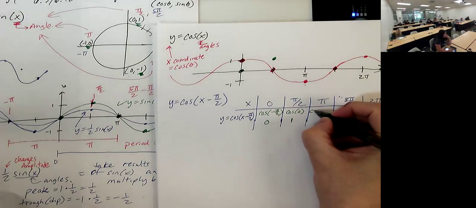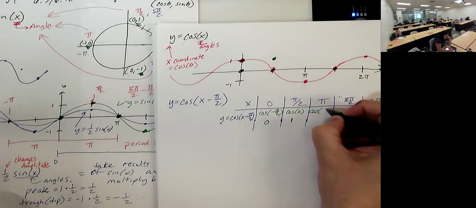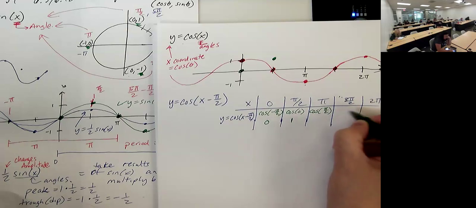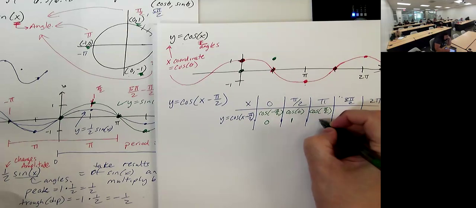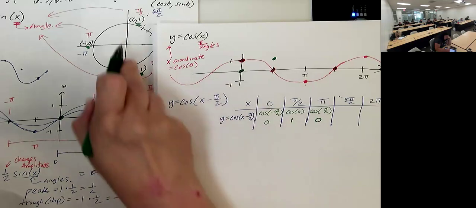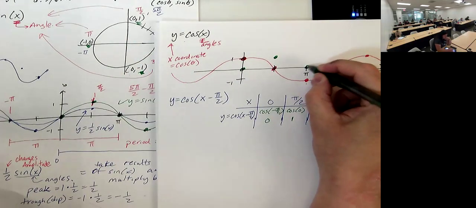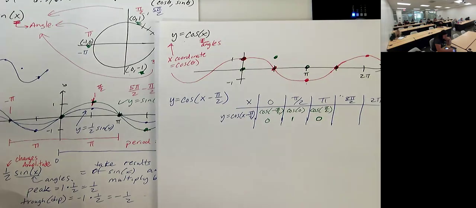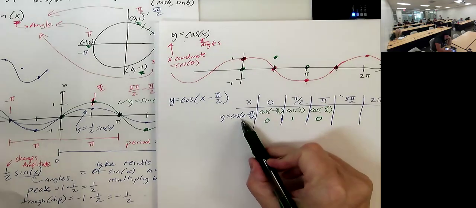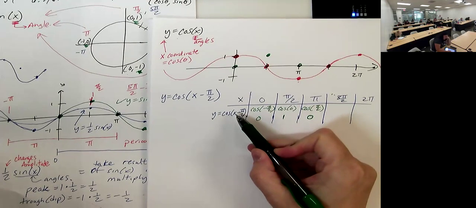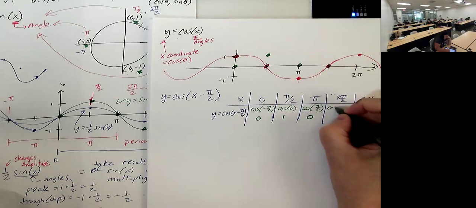Keep going with this. Pi minus pi over 2 is pi over 2. We're back at 0 again. If I stick in 3 pi over 2 and subtract pi over 2, I have just pi. And cosine of pi is -1.